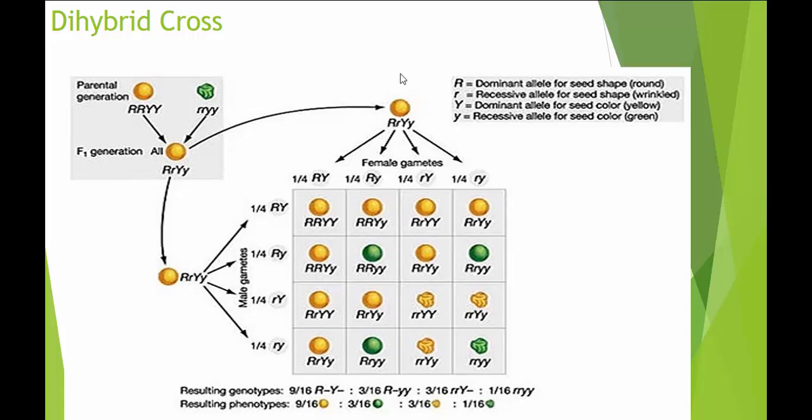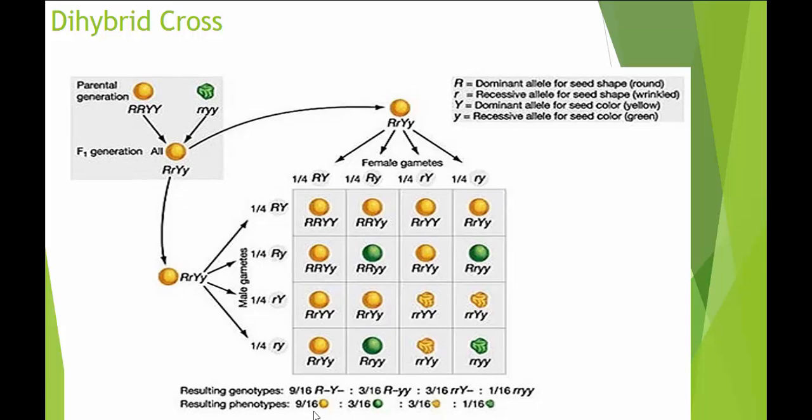So here we're crossing two yellow peas. Notice we're not always going to get yellow peas because we can pass on either the recessive allele for color or the dominant allele for color. Same thing over here. And here we see 1, 2, 3, 4. There are 4 chances to get green. Not only are we talking about green, we're also talking about the shape. So this is a super Punnett square.